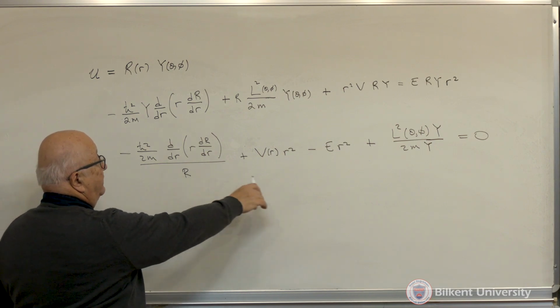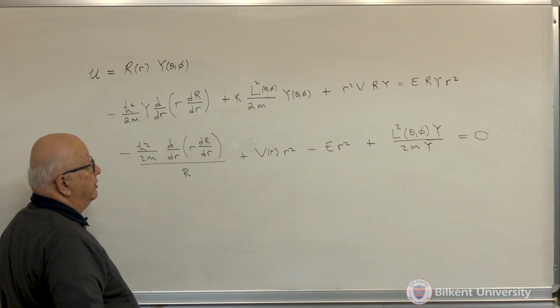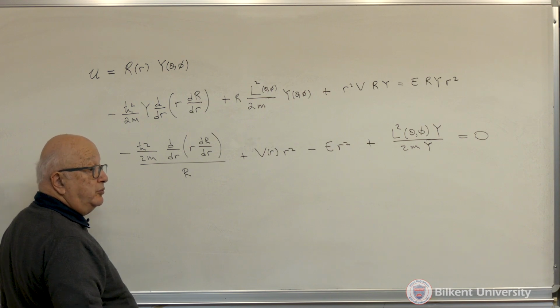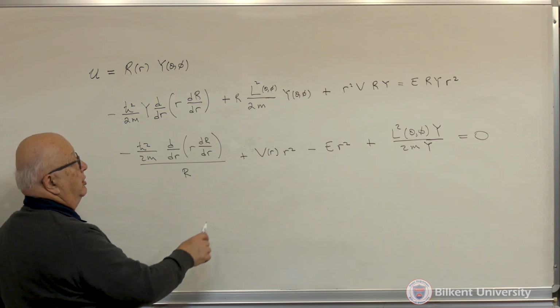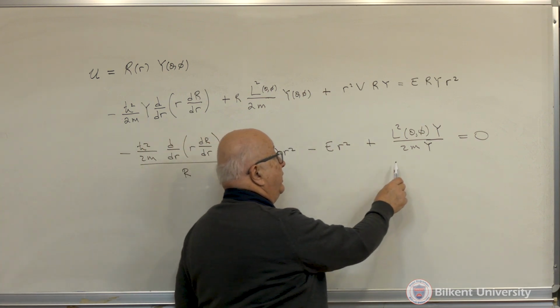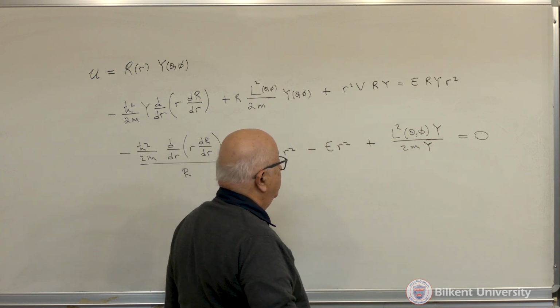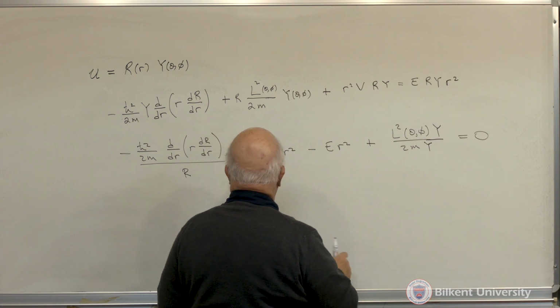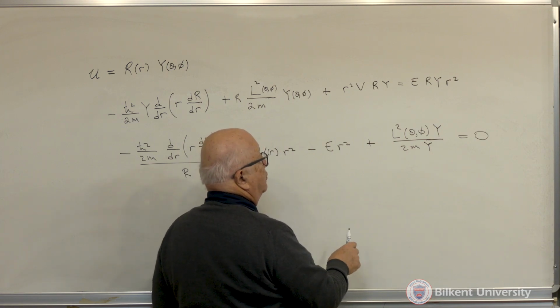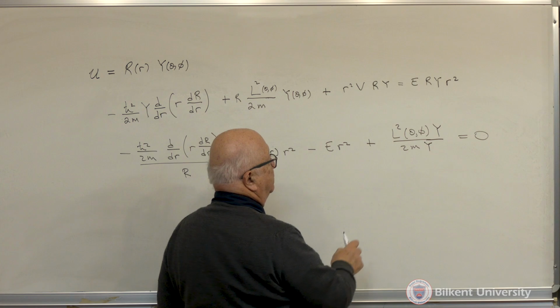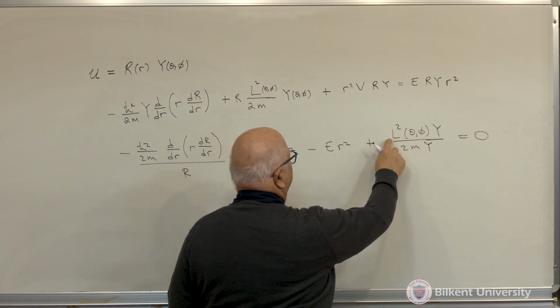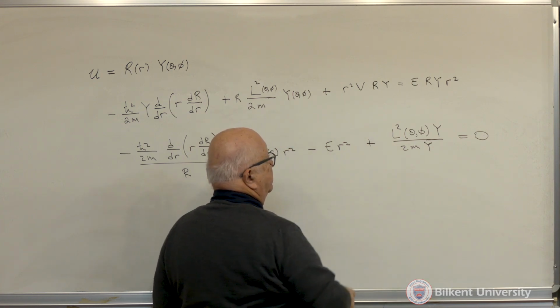You see on the left-hand side I have just a function of r, and over here I have a function of theta and phi. So these things now are going to be constants. I have to be careful because the way I have done this, I have kept the 2m here.